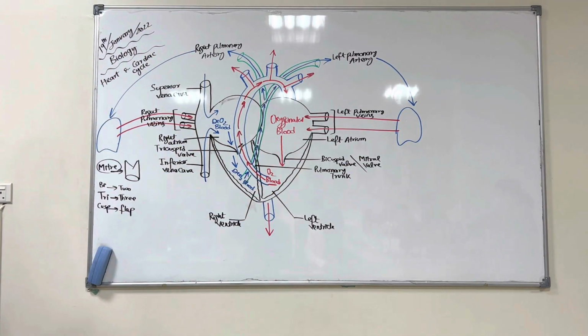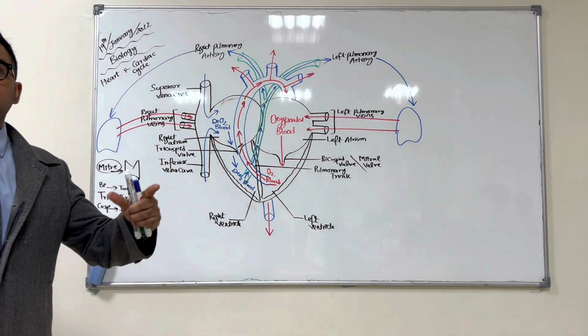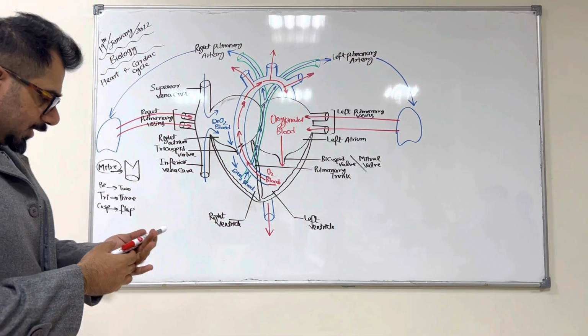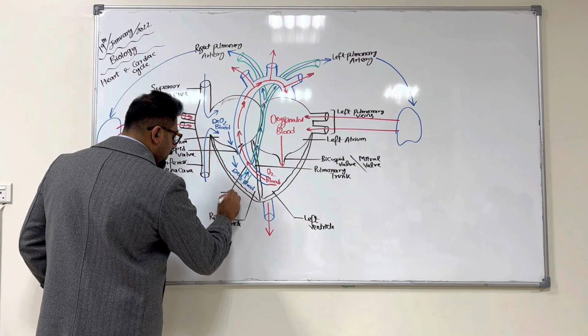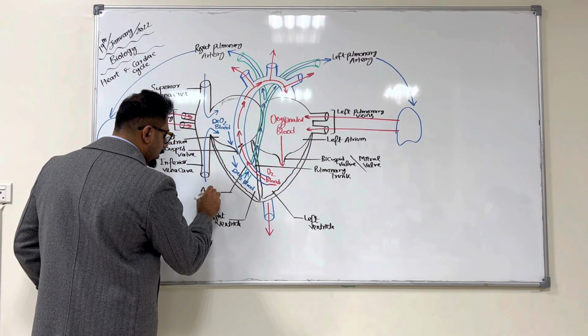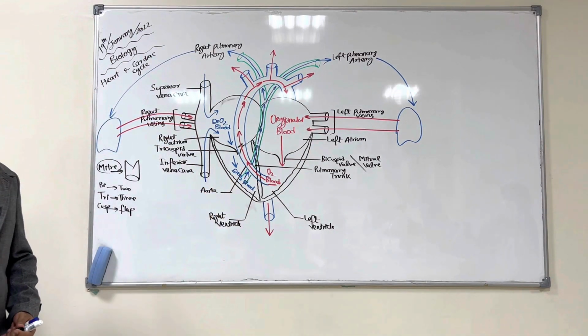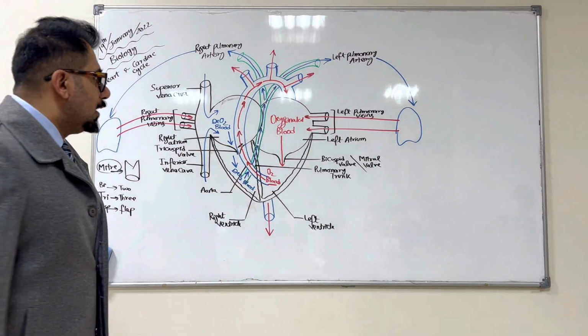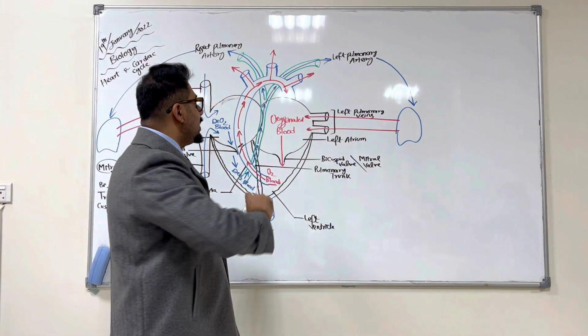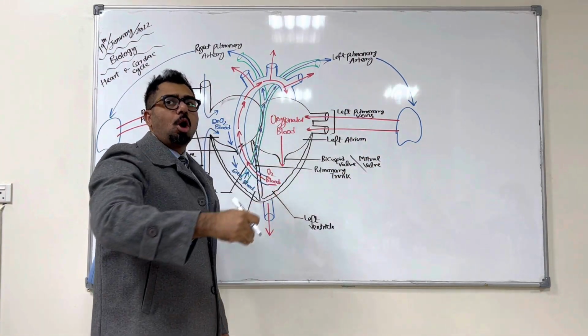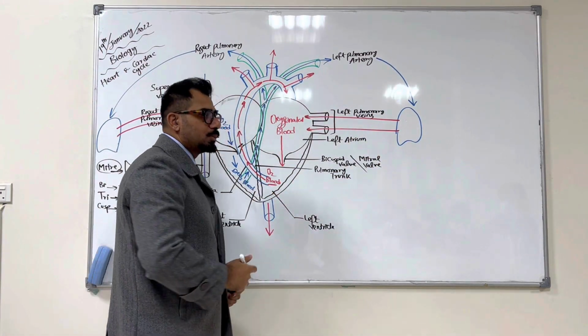In these directions the blood flows. First of all, this blood vessel is called the aorta. What is it called? Aorta.